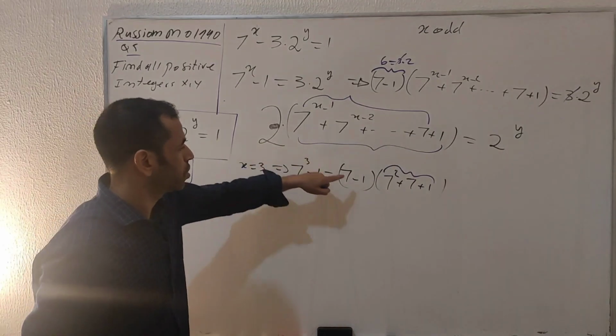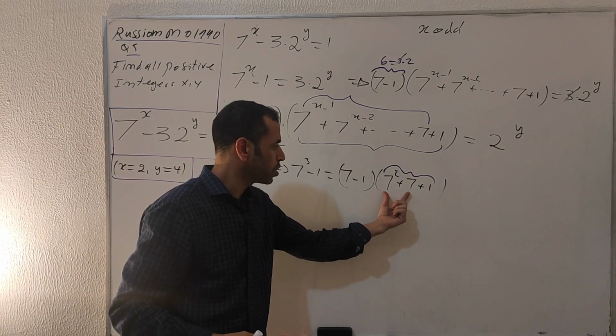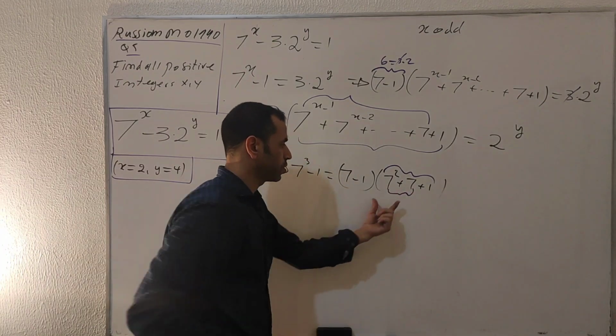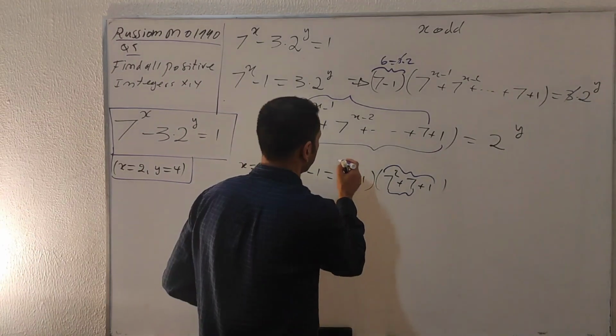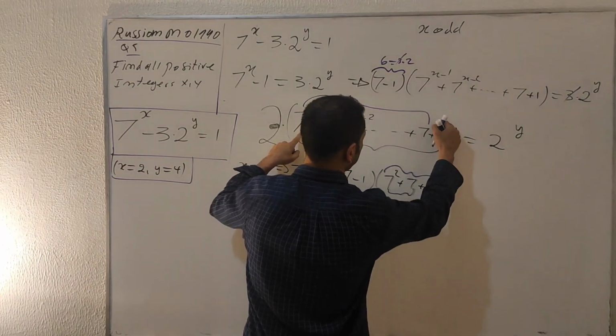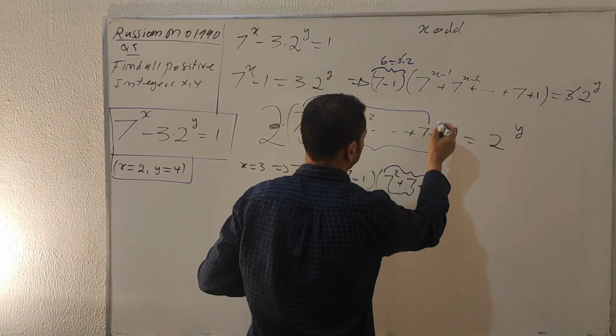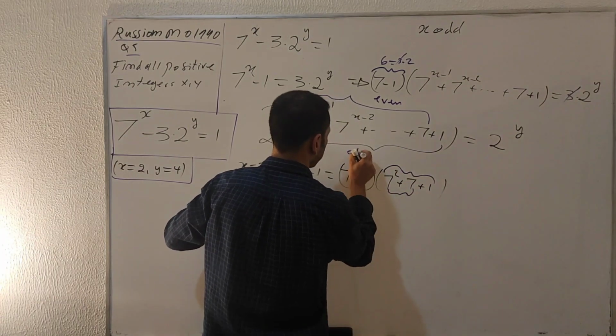The same thing here, I have an odd number of terms, which means this part is even, and including 1 it becomes odd.